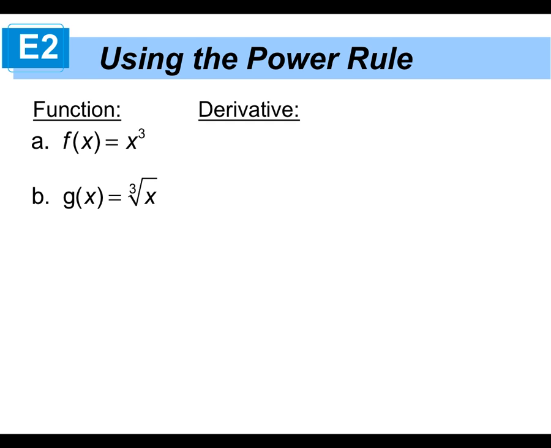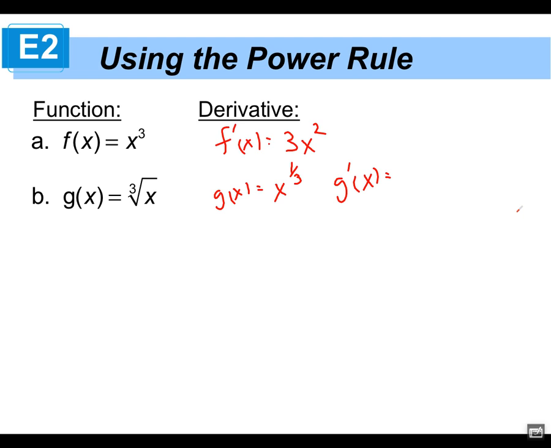All right, how about g of x is the cube root of x? Isn't a cube root just x to the 1/3 power? Excellent. So you can do 1/3 x to the negative 2/3 power.